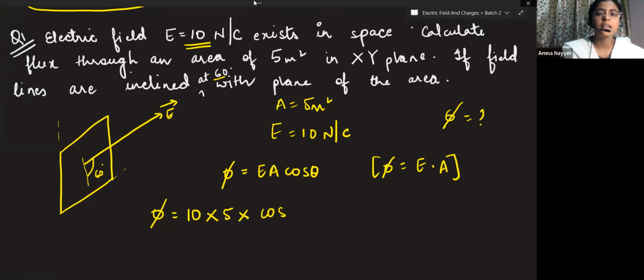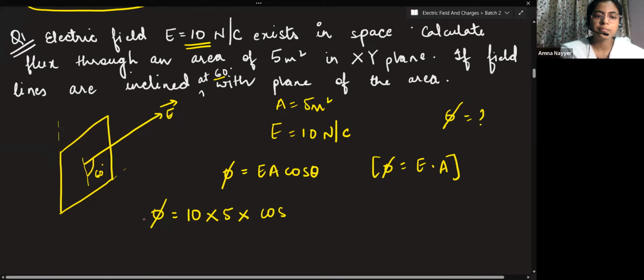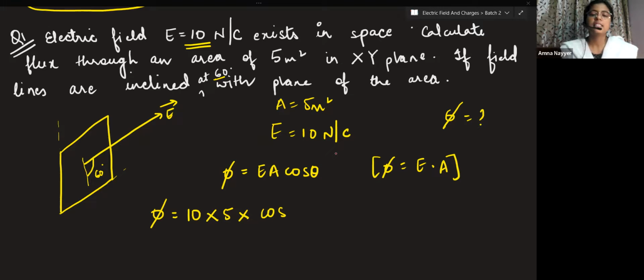All right. Anyone would like to correct him? Or we should put cos theta as 60 degrees? Ma'am, we should keep 30 degrees. Yes, Krishna. Hamza, remember, whenever you are solving a question regarding electric flux, you don't have to consider the electric field with the angle that it is making with the plane.